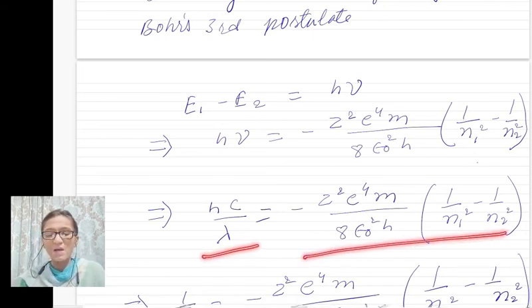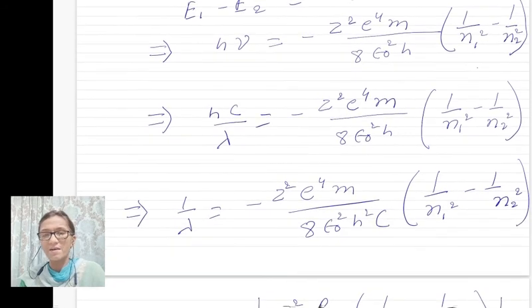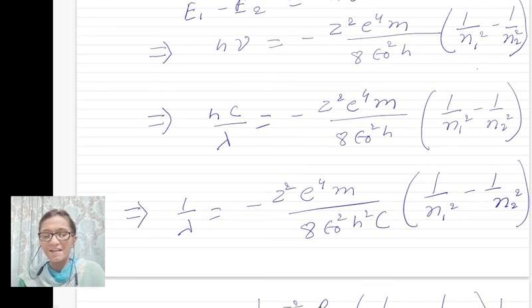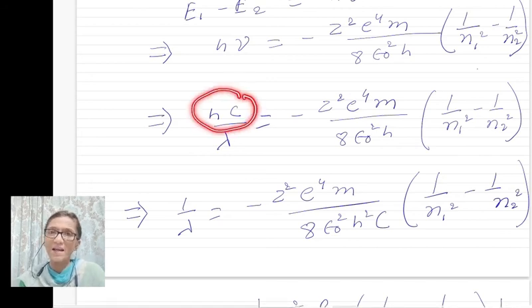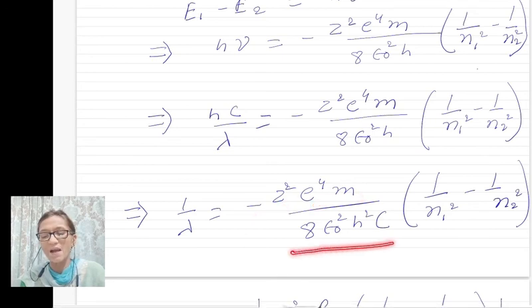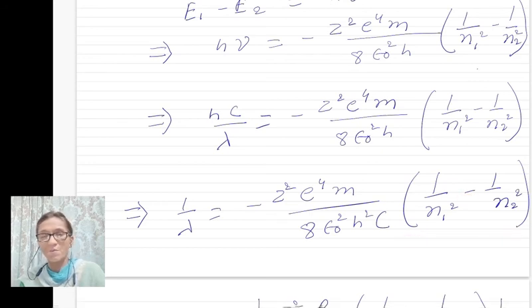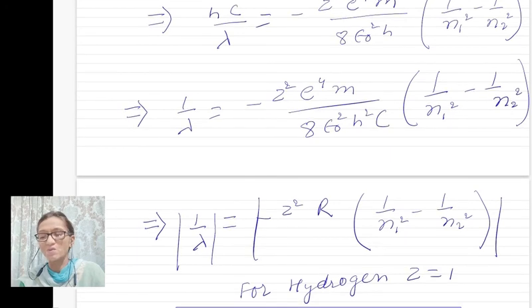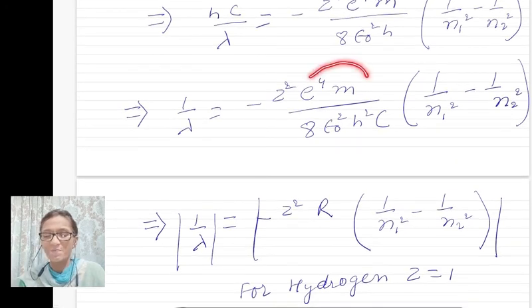And so nu is c by lambda is equal to the value. And therefore 1 upon lambda, 1 upon wavelength is equal to, I will take hc on the right hand side of the equation. So this is equal to Z square e power 4 m divided by 8 epsilon naught square h cube c into 1 upon n1 square minus 1 upon n2 square.